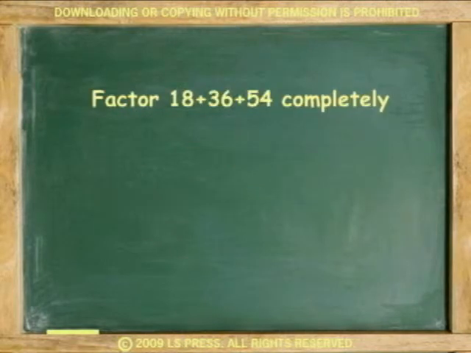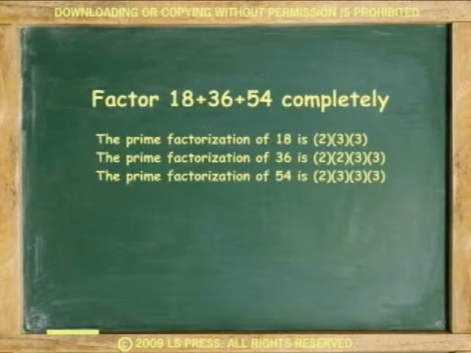Another example: factor 18 plus 36 plus 54 completely. The prime factorization of 18 is 2, 3, and 3. The prime factorization of 36 is 2, 2, 3, and 3.